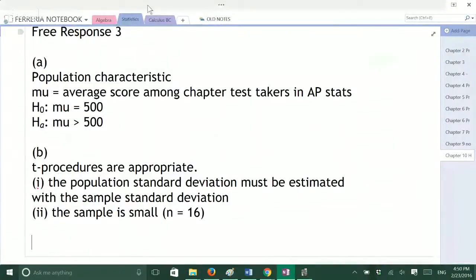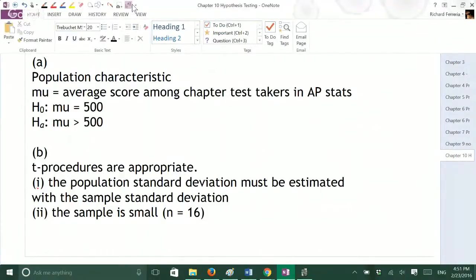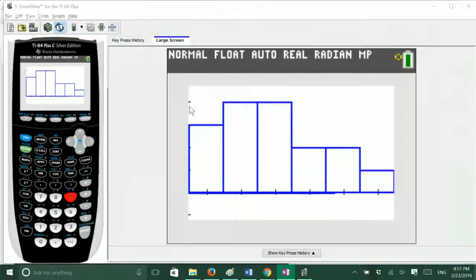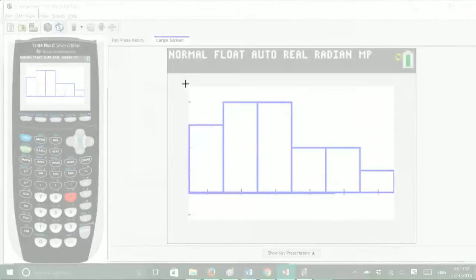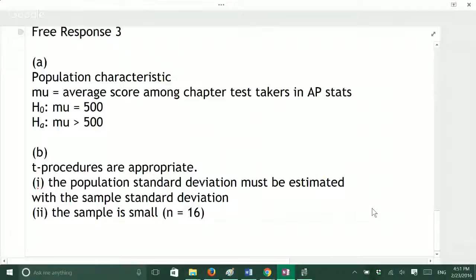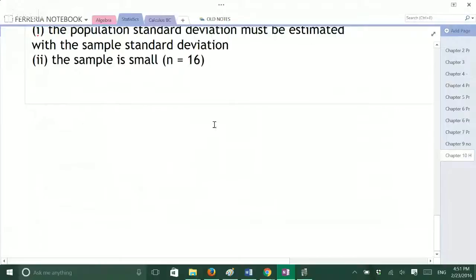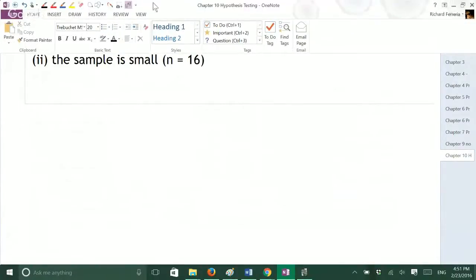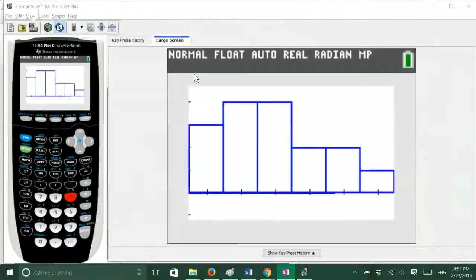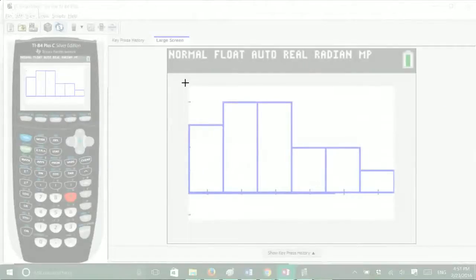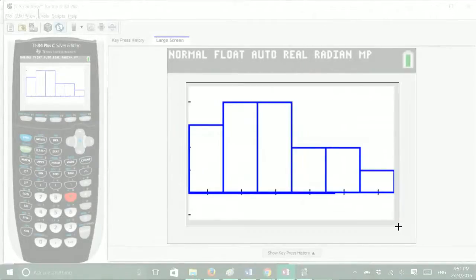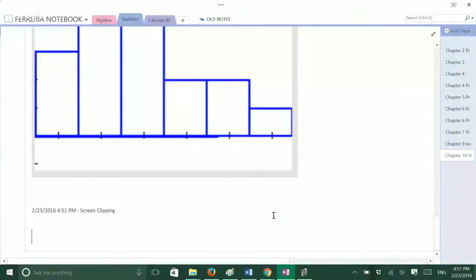It does represent some skew, but it still looks centrally weighted.